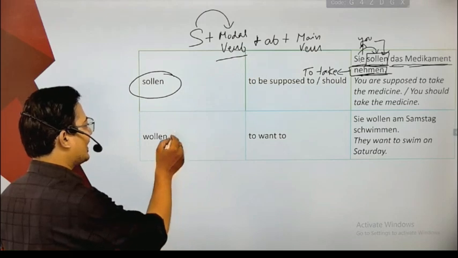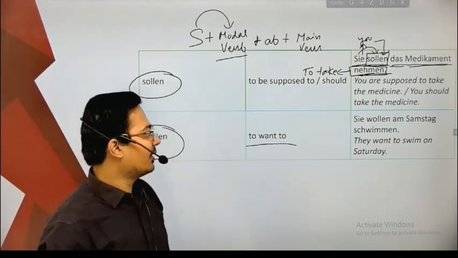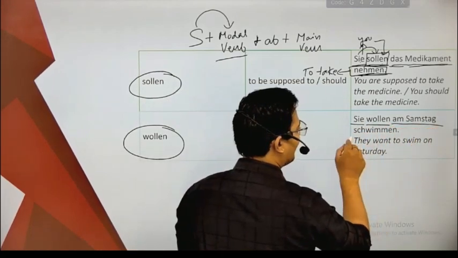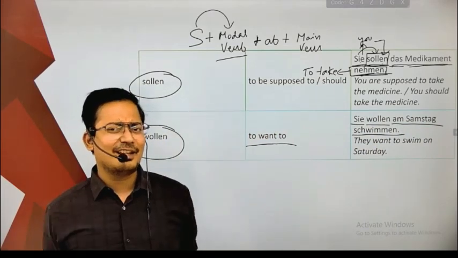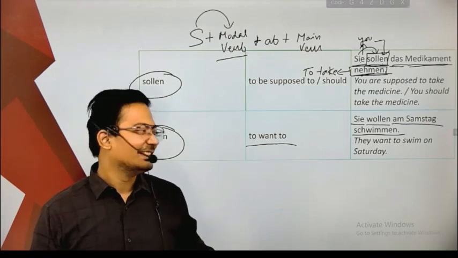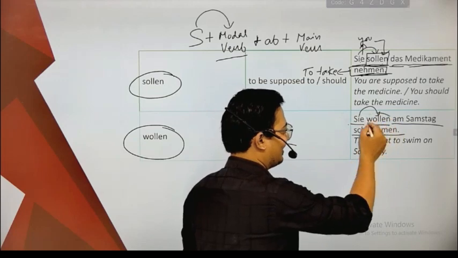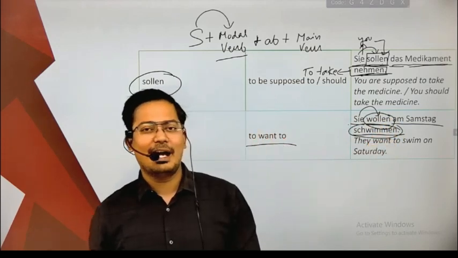Now the last one is wollen. Wollen means to want to. Sie wollen am Samstag schwimmen. Schwimmen is swimming. Now tell me, is swimming a main verb or not? Yes, it is an action, sir. This is a main verb. Okay, Sie wollen. Again, wollen is the modal verb and schwimmen is the main verb at the end.